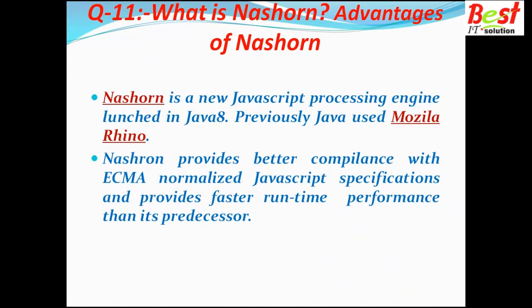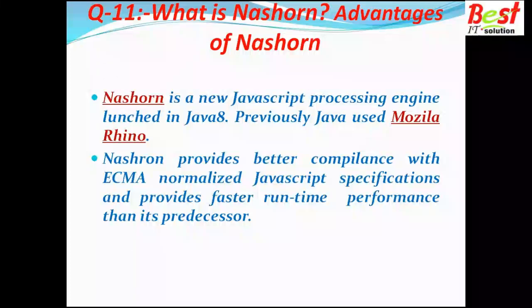Previously Java used Mozilla Rhino. Nashorn provides better compliance with ECMA normalized JavaScript specifications and provides faster runtime performance than its predecessor, Mozilla Rhino.